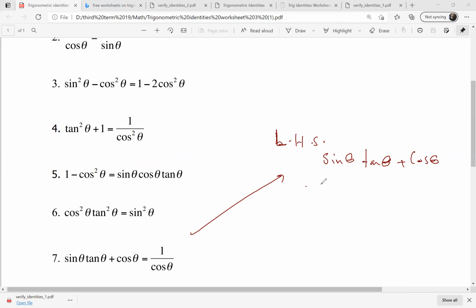It will be sine theta times sine theta over cosine theta plus cosine theta. It will be sine power of 2 theta over cosine theta plus cosine theta over 1.